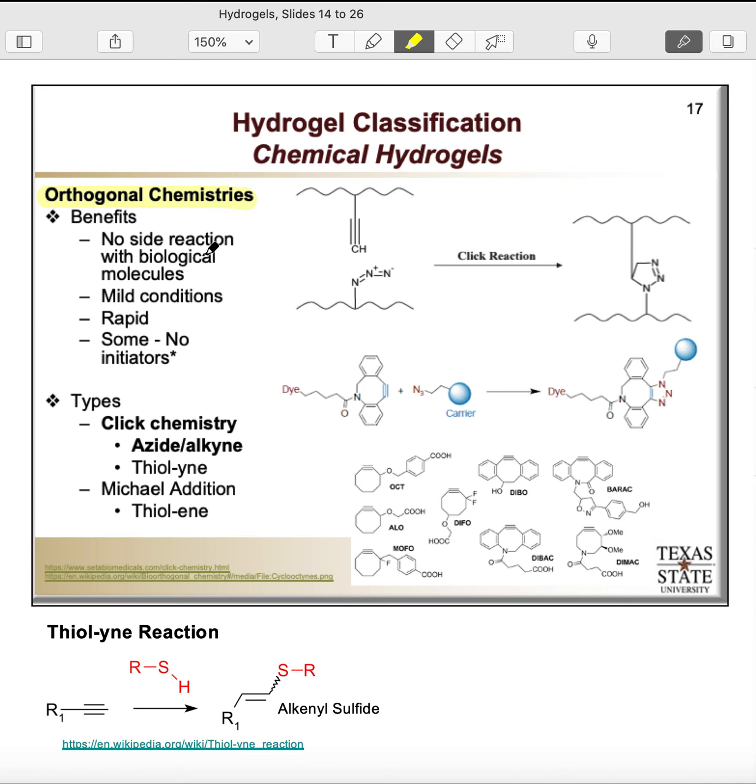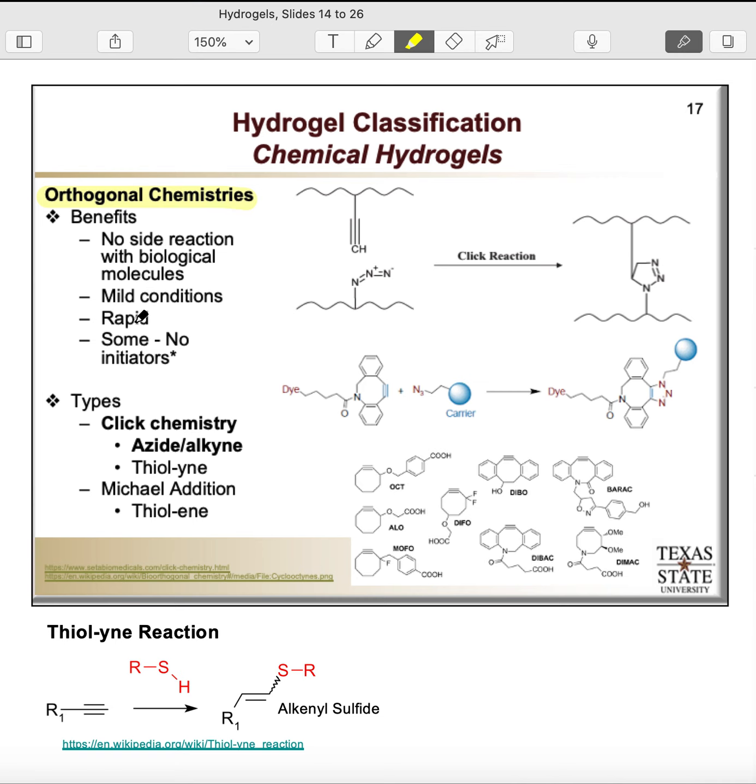So they can occur in the presence of those molecules, but they would actually not react with any kind of biological molecule. They don't react with proteins, they don't react with oligonucleotides or polysaccharides, basically. And they can also occur under very mild conditions. So in fact, you would be able to carry out this reaction in the presence of cells, or even by injecting into an organism, an animal or a human.